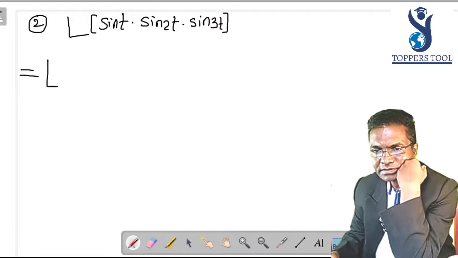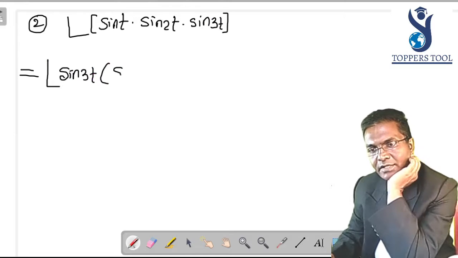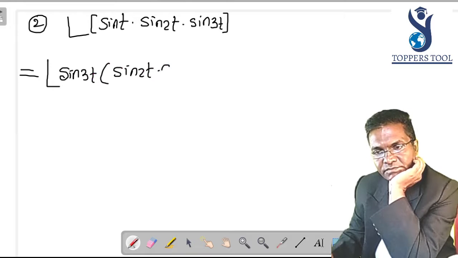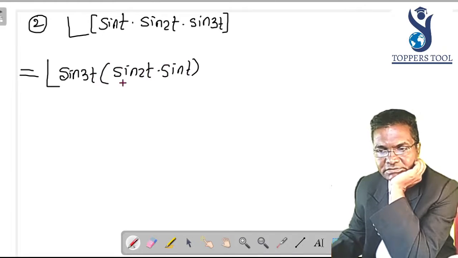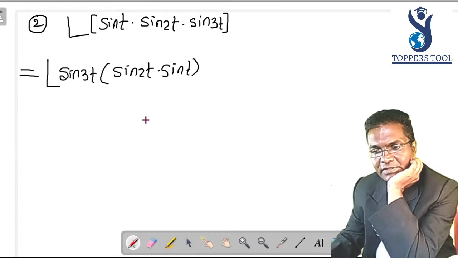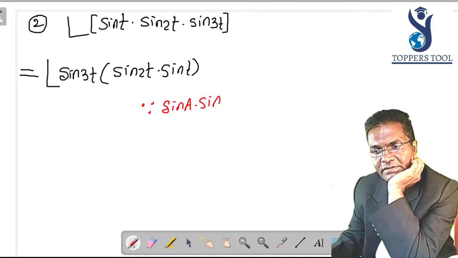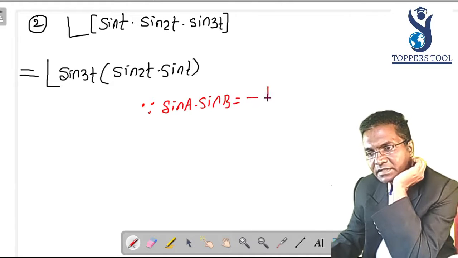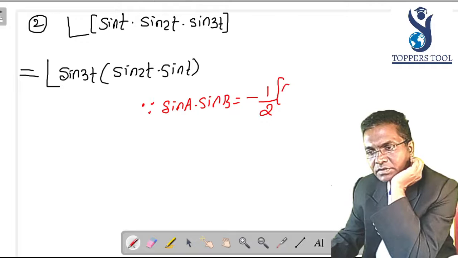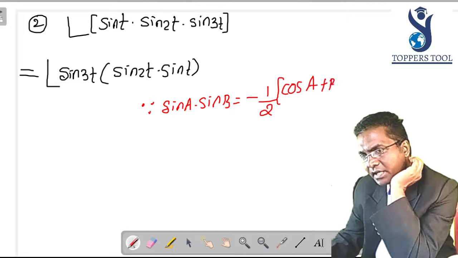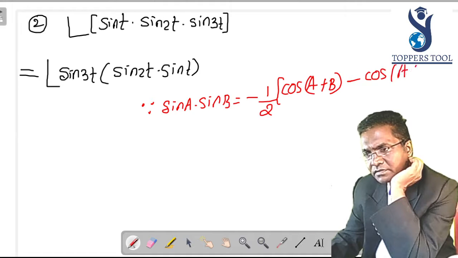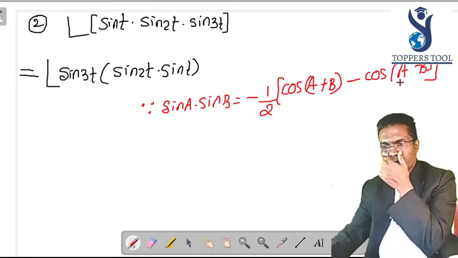So rewrite it as L of sine 3t into sine 2t into sine t. So use the transformation formula. Remember this, sine into sine. Sine A into sine B is, remember this, minus 1 by 2 cos of A plus B minus cos of A minus B. Remember this formula.